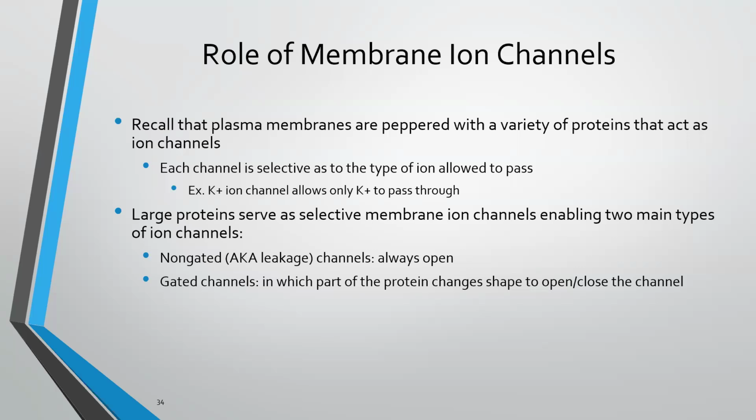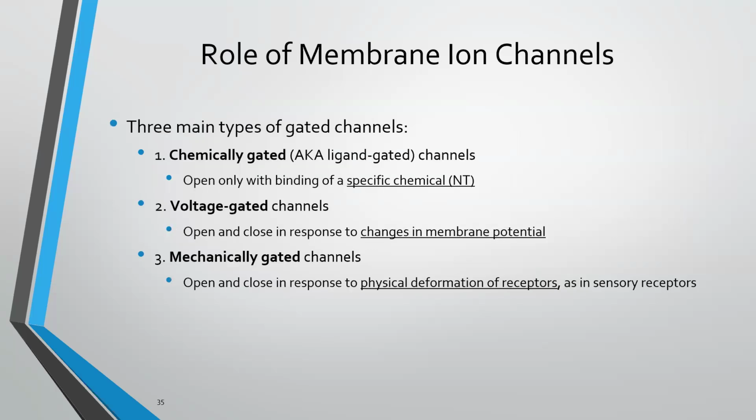Large proteins serve as selective membrane ion channels, which enables two main types of ion channels: non-gated, which is also called leakage channels, which are always open, and then gated channels, in which part of the protein changes shape to open and close that channel. There are three main types of gated channels.